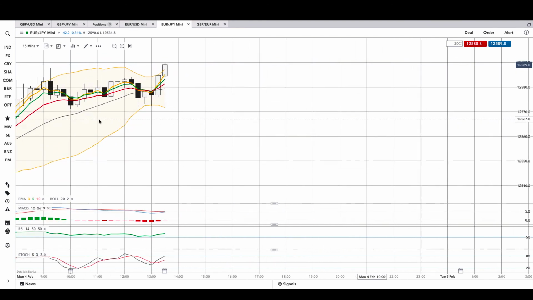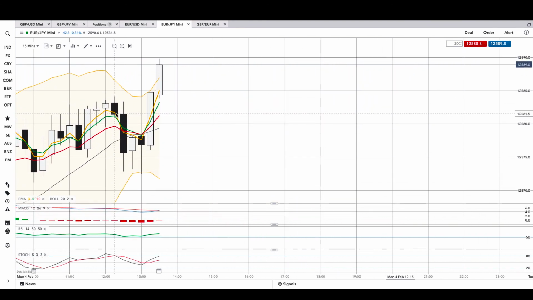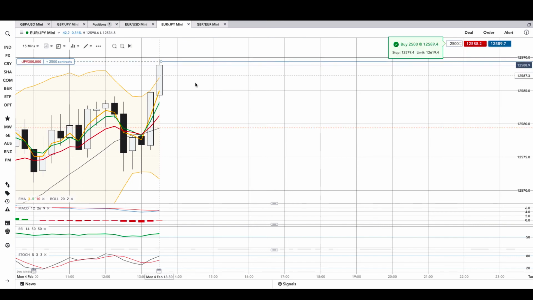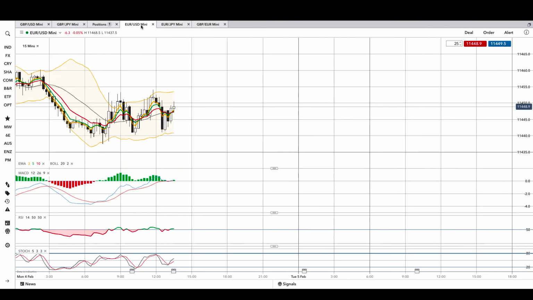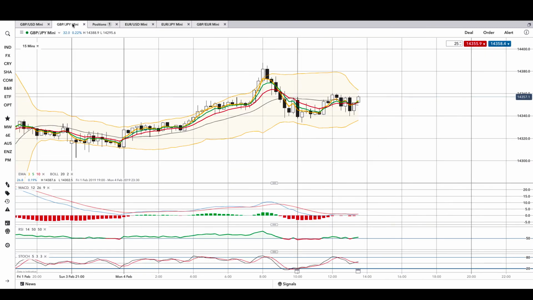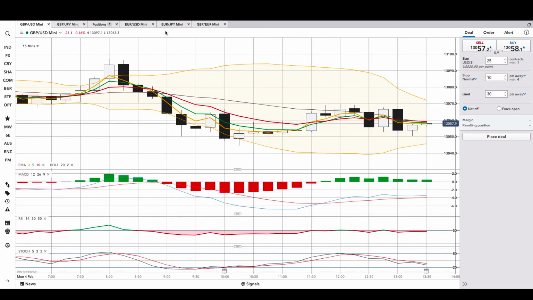Okay, so in this case, you can see that it went down and then after that now it's going up, right? So this is the pattern. If you had entered, let's say you enter at 2005, and then you will go up, right? So for these, GBP JPY, GBP USD.